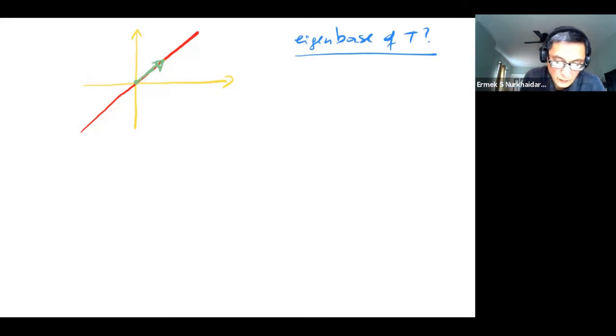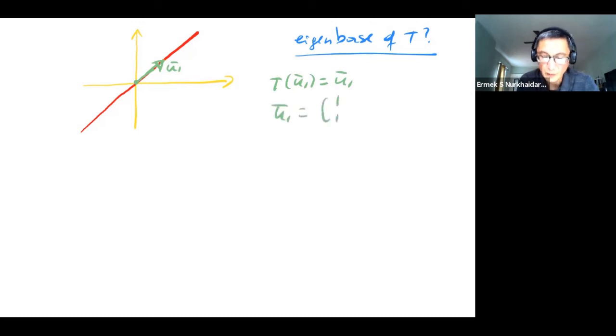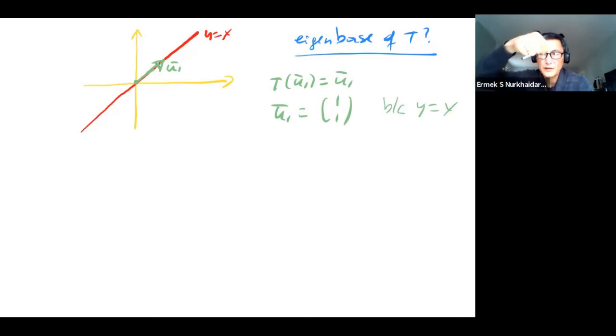So let's call this one U1. So T of U1 equals U1. Because we have the straight line y equals x, we can choose U1 to be a vector with coordinates 1 and 1. Then we also can pick another vector, which is going to be perpendicular to the axis around which we flip.